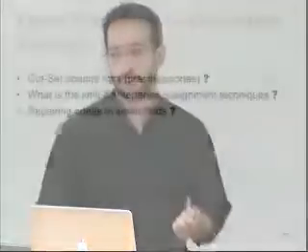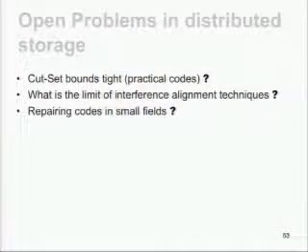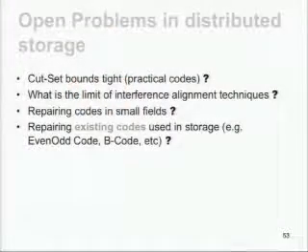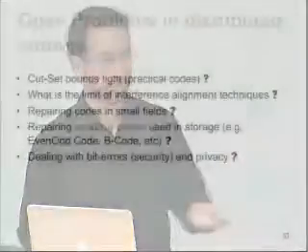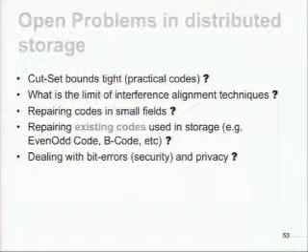You design the problem. Repairing codes in small fields, as we discussed, is very tricky and interesting. Repairing existing codes that people have already deployed is a very relevant problem. For example, the B-Code and EVENODD are useful codes that are used in RAID systems. How do you repair those given codes? We have some preliminary work on that. How do you deal with bit errors in security?